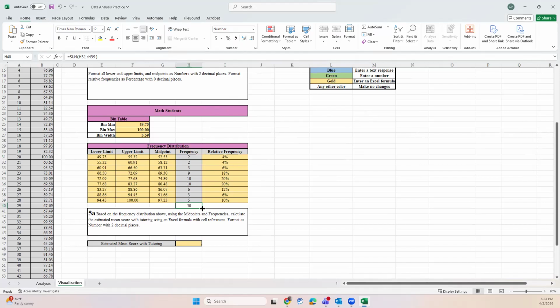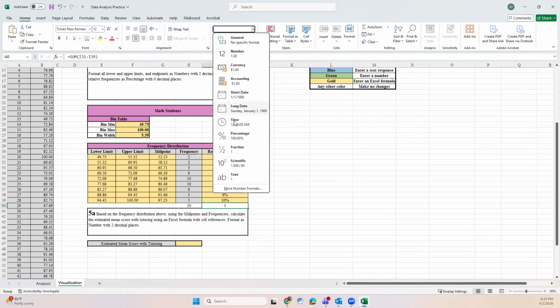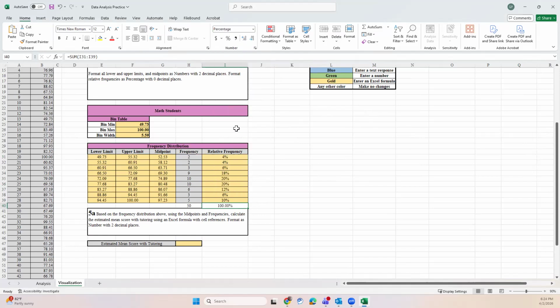Most of you have dragged down. It comes out to be 1 because 100% is 1. I could convert just that cell to a decimal so you can see it. Let's go to percentage, take out those decimals. It is 100%. That means we have got everybody that's in this set of data.